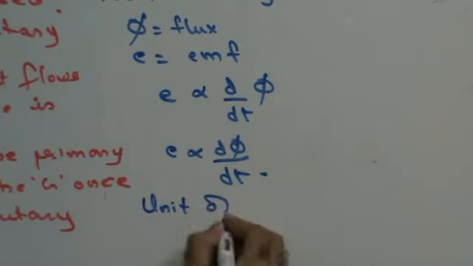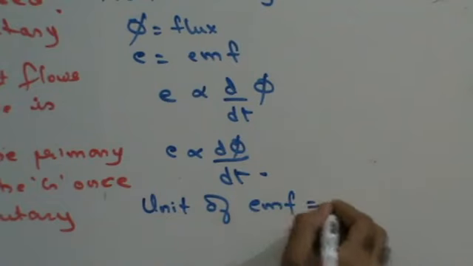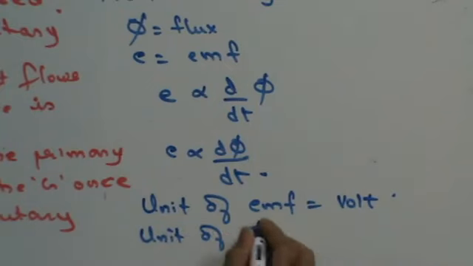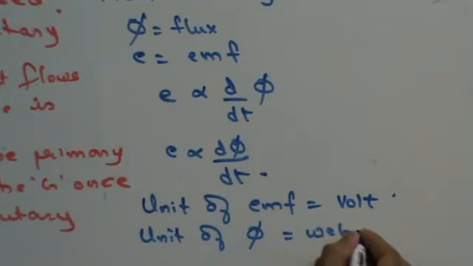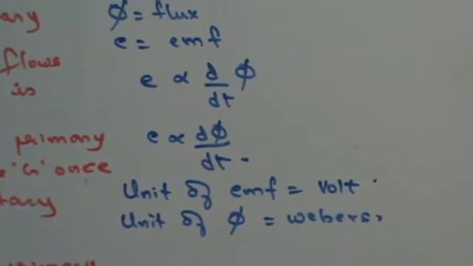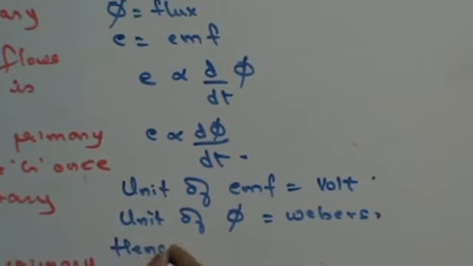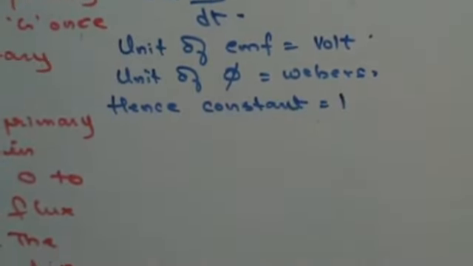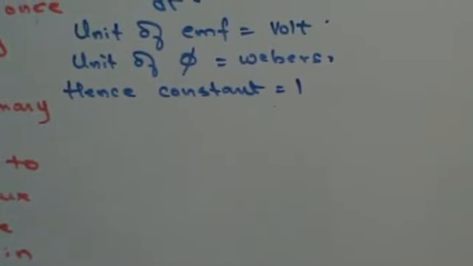The unit of EMF is volt and the unit of flux is Webers. Both are equal units, hence I can say that the constant is going to be equal to unity. Since both the units, that is of EMF and flux, are equal, I should have had E is equal to K times d phi by dt, right?